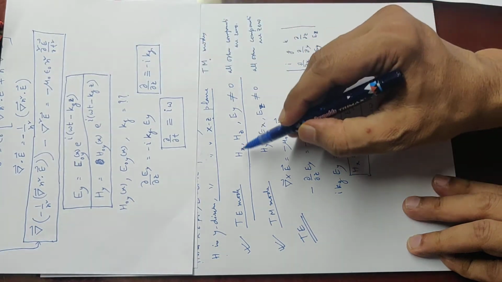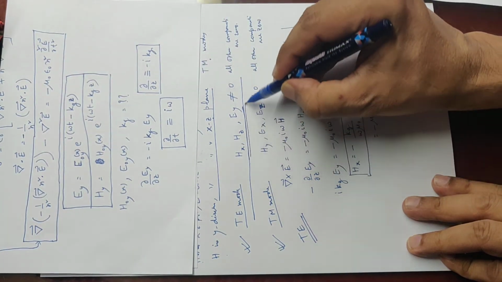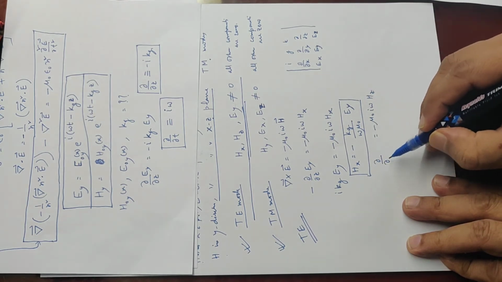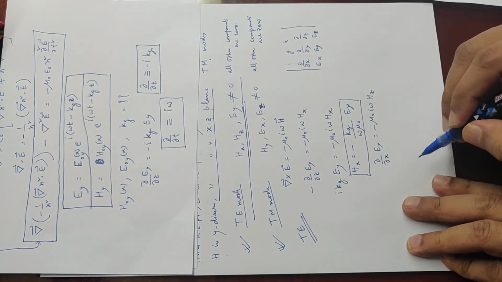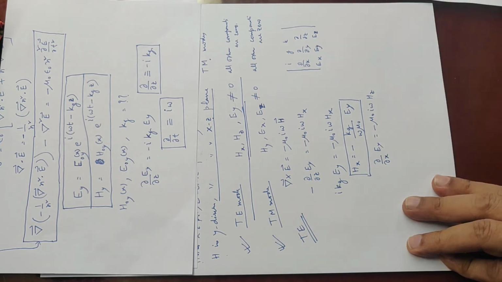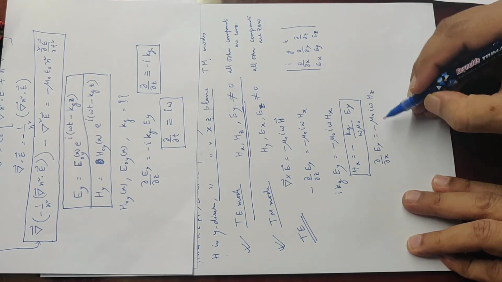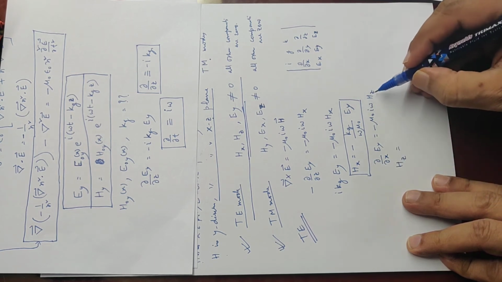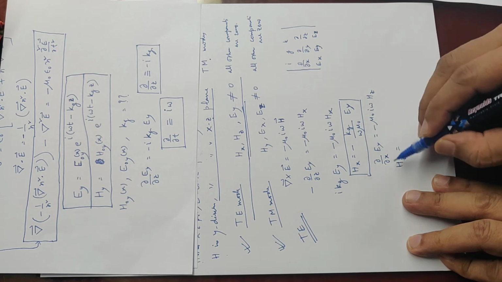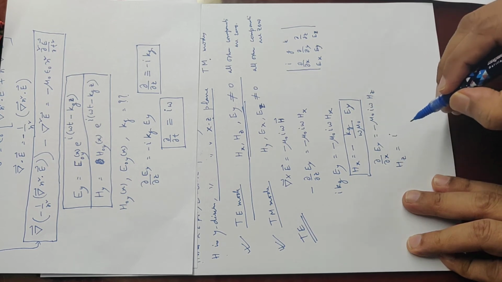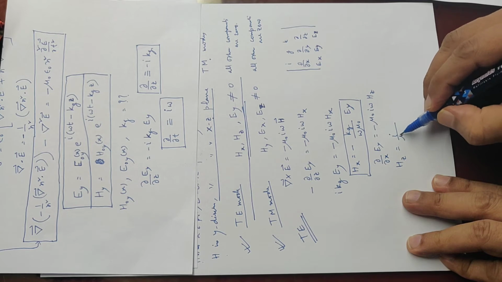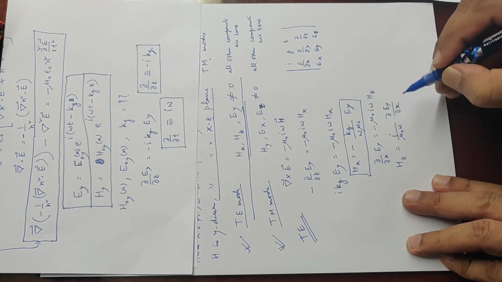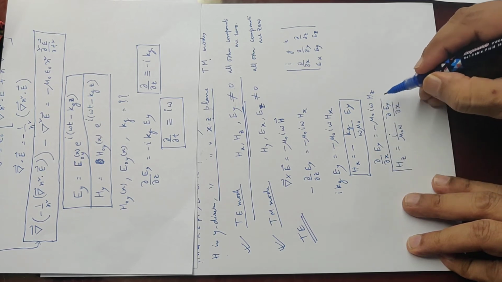So for TE mode you will be left with only d by dx of Ey, and d by dx would remain d by dx only. So Hz is equal to, if you take this from the sides, i by mu naught omega times dEy by dx. So this is another equation.